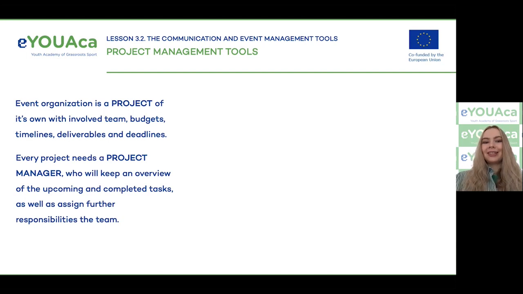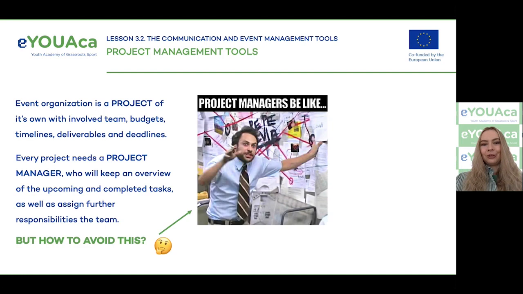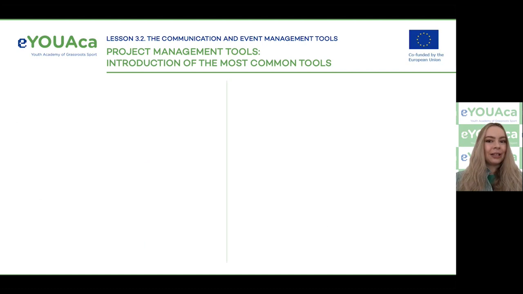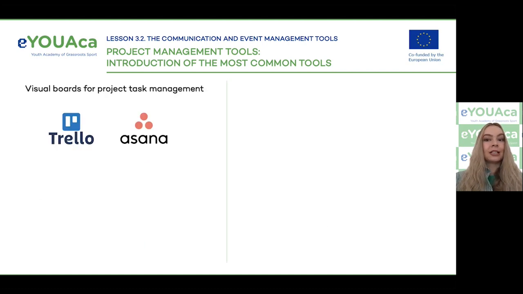But now the question is how to avoid this situation and ease the life of the project manager. I think the answer was already given many times during this lesson: the tools. So what are the tools that we can use? I will start off with the visual boards for project task management.